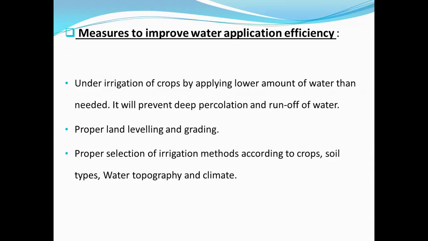Different crops require different amounts of consumptive use of water, and climate conditions also affect this. So we need proper selection of irrigation method according to the different crops, soil types, topography, and climate conditions, right?